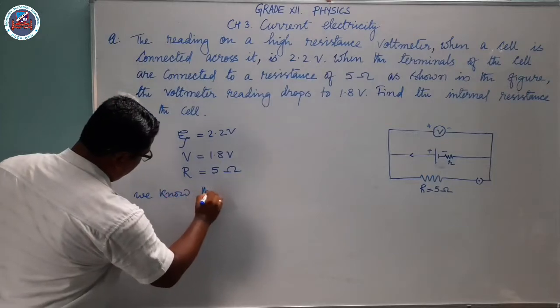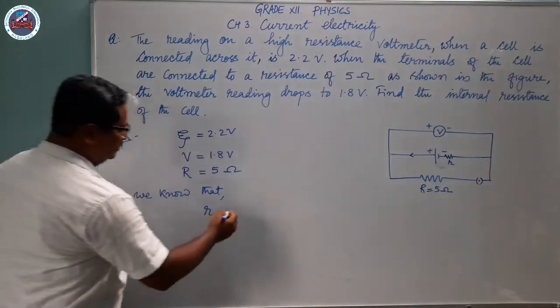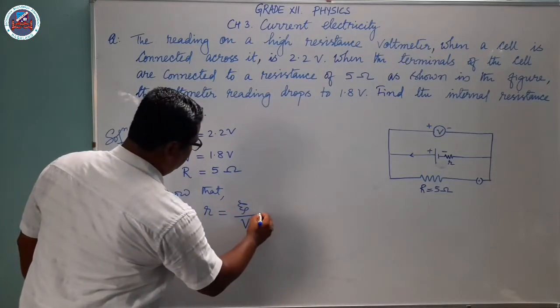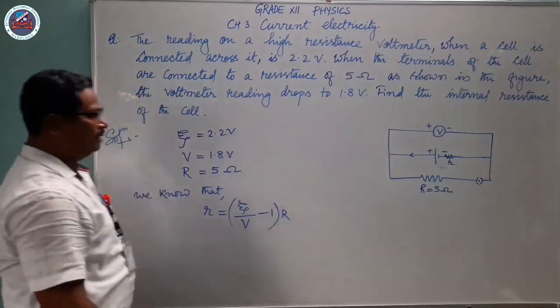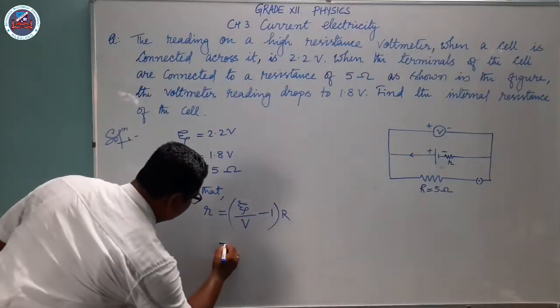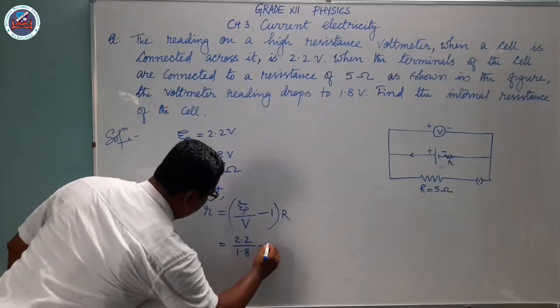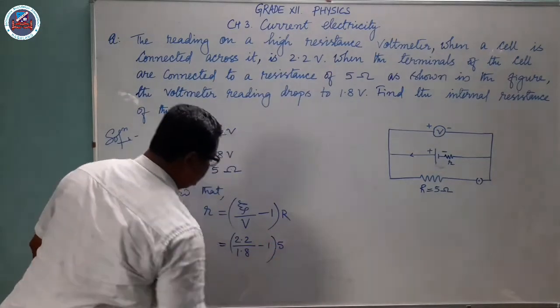We know that we can calculate the internal resistance r with the formula: EMF of the cell divided by terminal potential difference minus 1, into external resistance R. So simply we have to put the values and then calculate it. The EMF is 2.2 volt, divided by 1.8, minus 1, into external resistance 5 ohm.